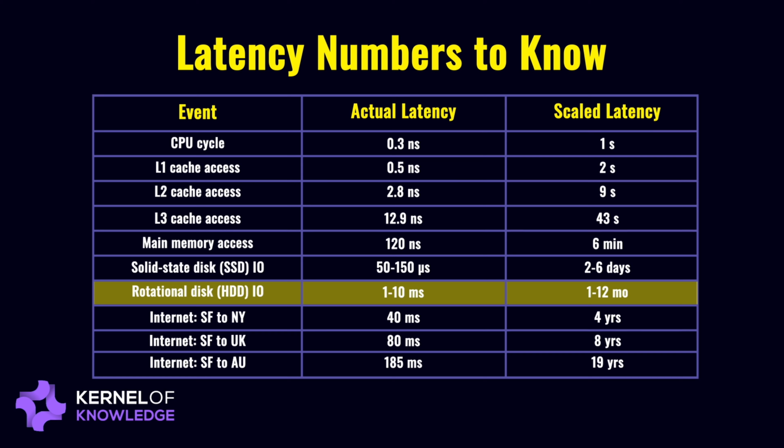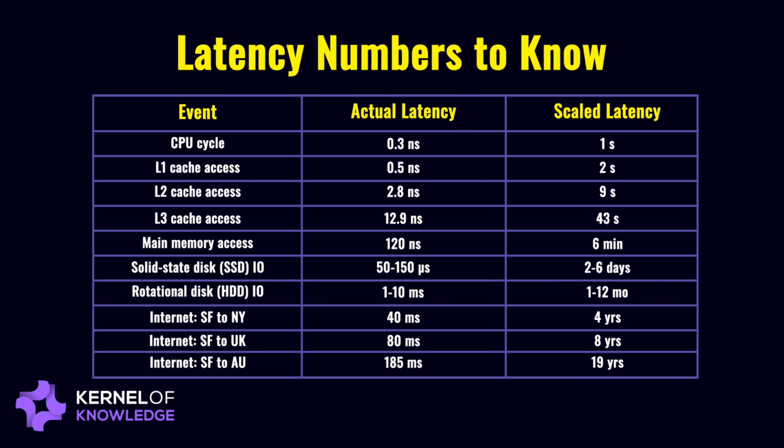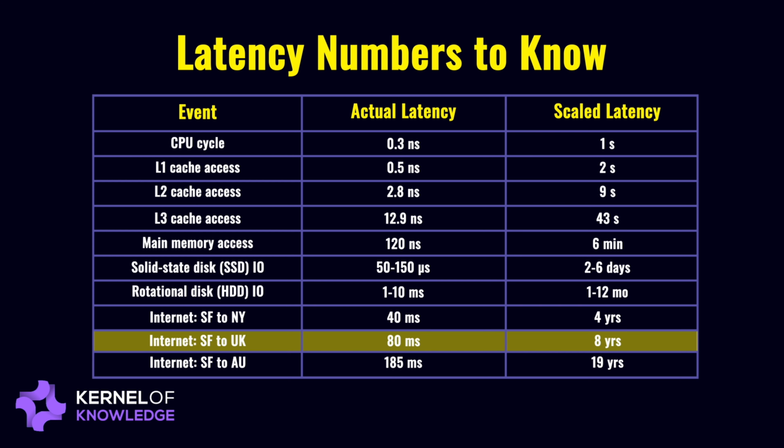Equally, if you look at a rotational disk or a hard disk drive, that can take anywhere from 1 to 10 milliseconds. Again, if we scale that up, that can be 1 to 12 months. Then if you look at a request from San Francisco to London over the internet, that can take as long as 183 milliseconds. And if you scale that up, that could take 8 years.